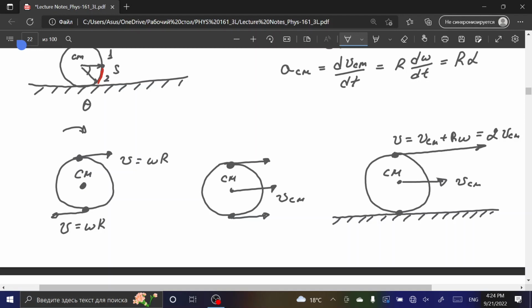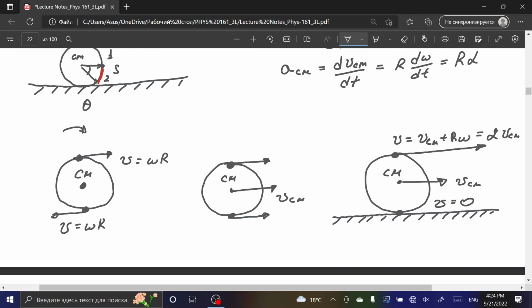And from another point of view, we have translational motion velocity, and then we also have rotational motion velocity in this direction. So they kind of compensate each other, and that's why this point will have 0 velocity with respect to the ground. So we can write V equals 0.